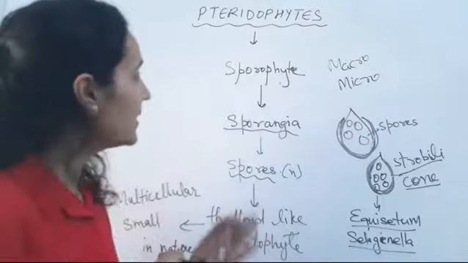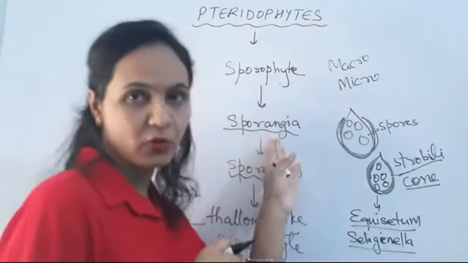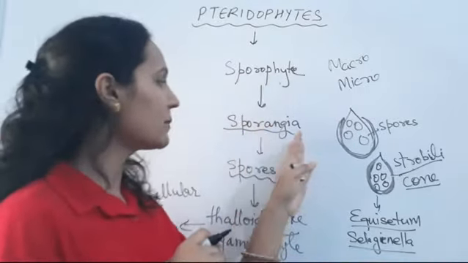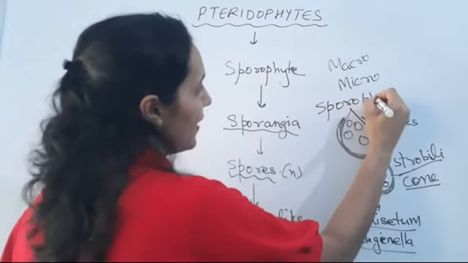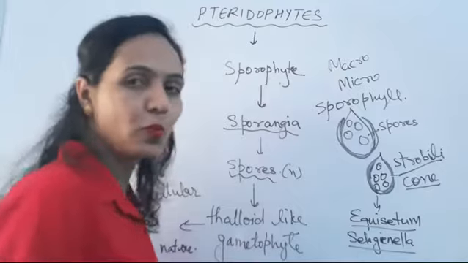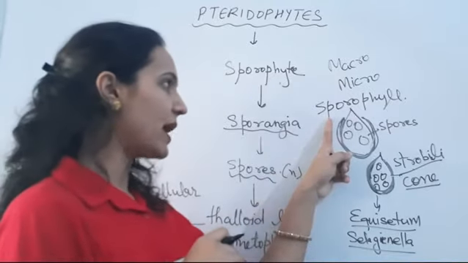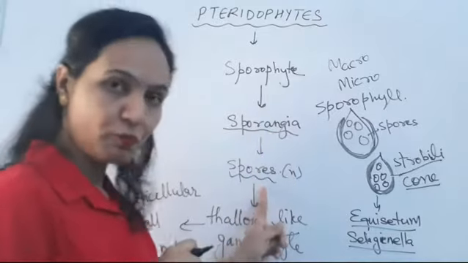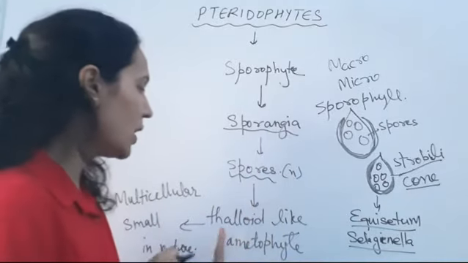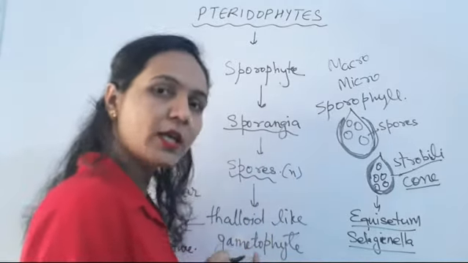And here the sporophyte has sporangia, which is subtended by leaf-like structures known as sporophylls. If it is in compact shape, then it is known as strobili or cone. Sporangia form spores that germinate to give a thalloid-like structure, which is known as gametophyte.